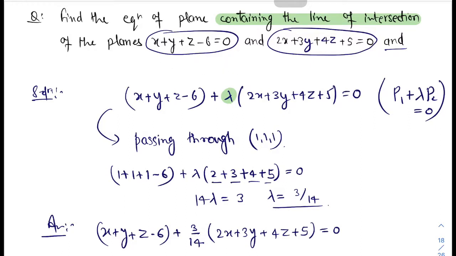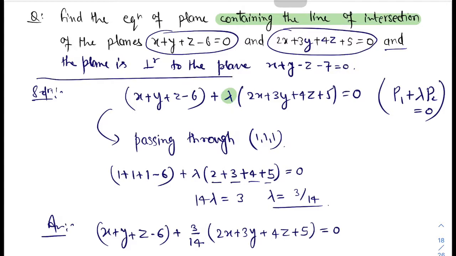The question can be like this also: the plane is perpendicular to the plane x plus y minus z minus 7 equal to 0. If this is given, then this becomes another question.